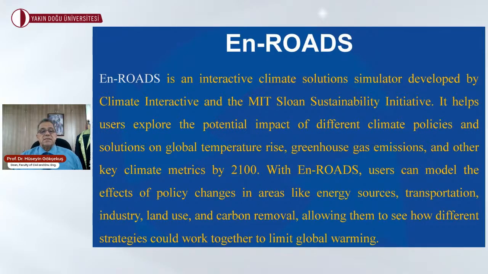It helps users explore the potential impact of different climate policies and solutions on global temperature rise, greenhouse gas emissions, and other key climate metrics by 2100. With En-ROADs, users can model the effects of policy changes in areas like energy sources, transportation, industry, land use, and carbon removal, allowing them to see how different strategies could work together to limit global warming.